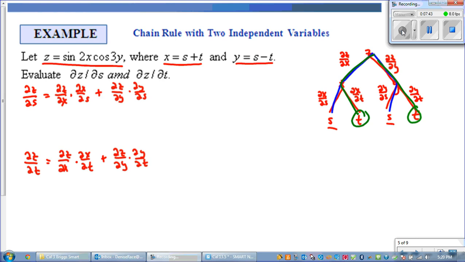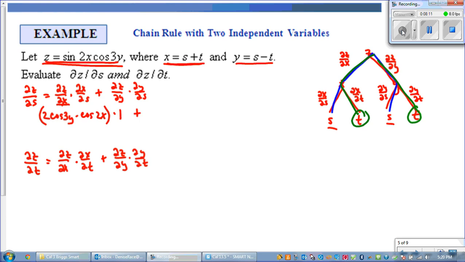The partial of z with respect to x: cosine of 3y is a constant, so we'll have cosine of 3y times the derivative of sine of 2x, which will be cosine of 2x times 2. So that's the partial of z with respect to x. The partial of x with respect to s will be 1.